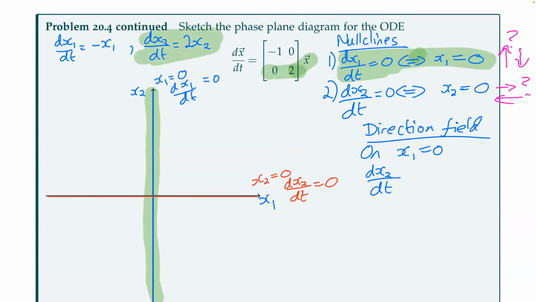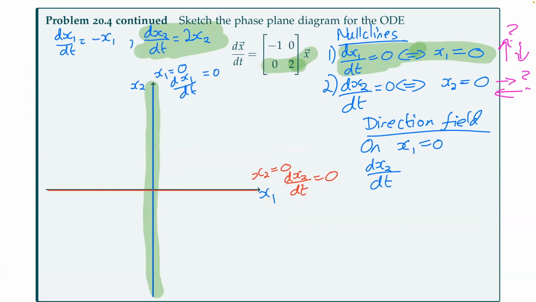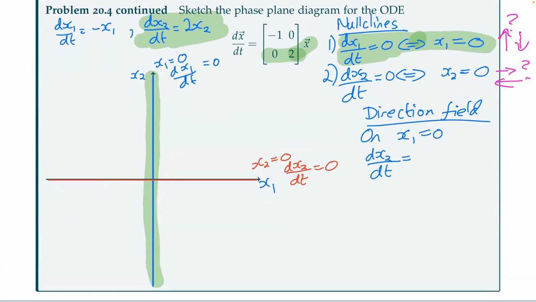It's this equation here. That's telling us what's changing for x2, our second variable, and we can think about what happens on this particular nullcline. So we know in this case, it's equal to 2x2. So it's telling me that the instantaneous rate of change of my x2 variable is equal to 2 times whatever that variable is.